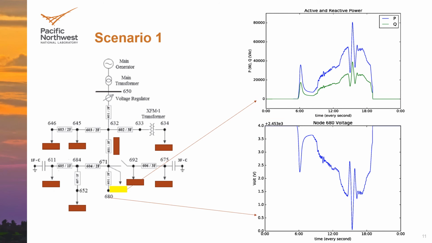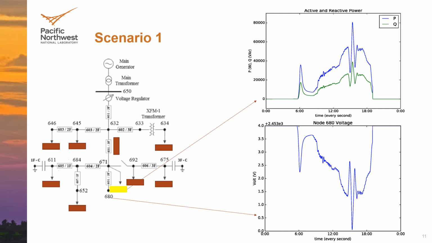Let's take a look at the results for scenario one. For each scenario, we show two kinds of information. The first is the active and reactive power for the particular load connected with node 671, and we also show the voltage for the adjacent node of node 671.